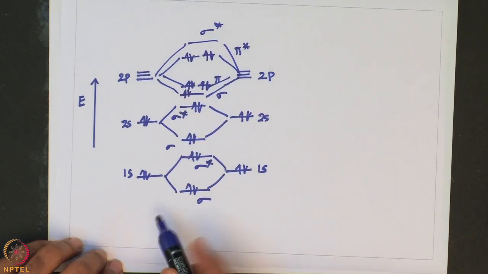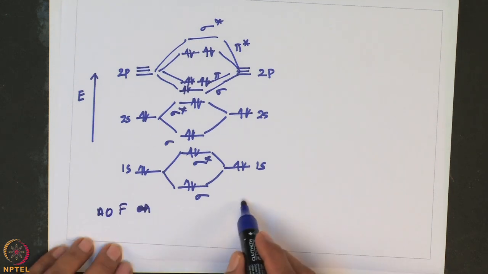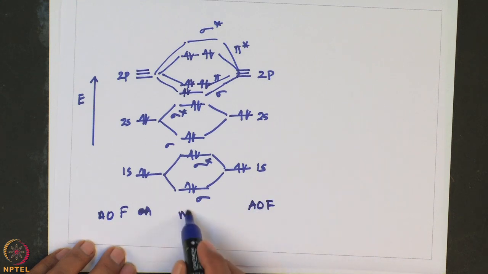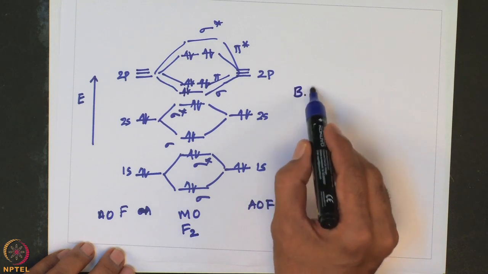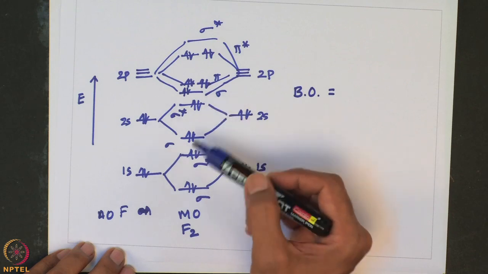So, now let us look into the bond order. This is the F atomic orbital, and here the atomic orbital of F and the MO for F2. Because these are cancelled, no point in counting here.